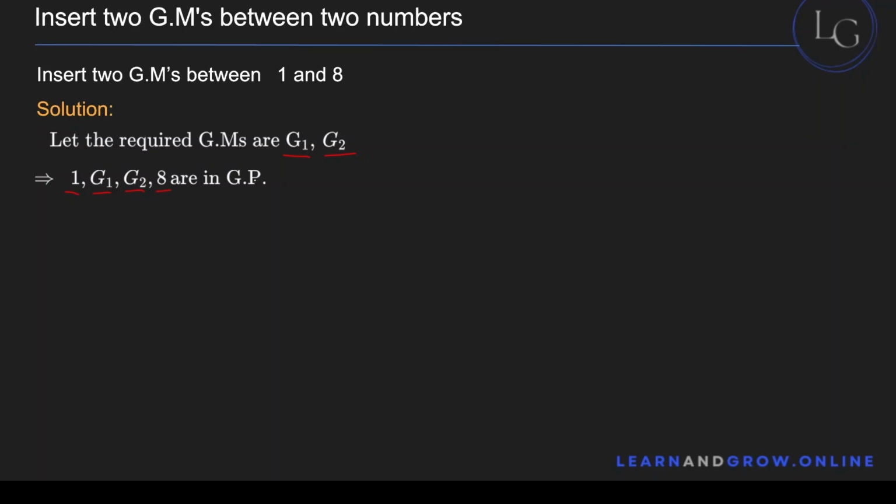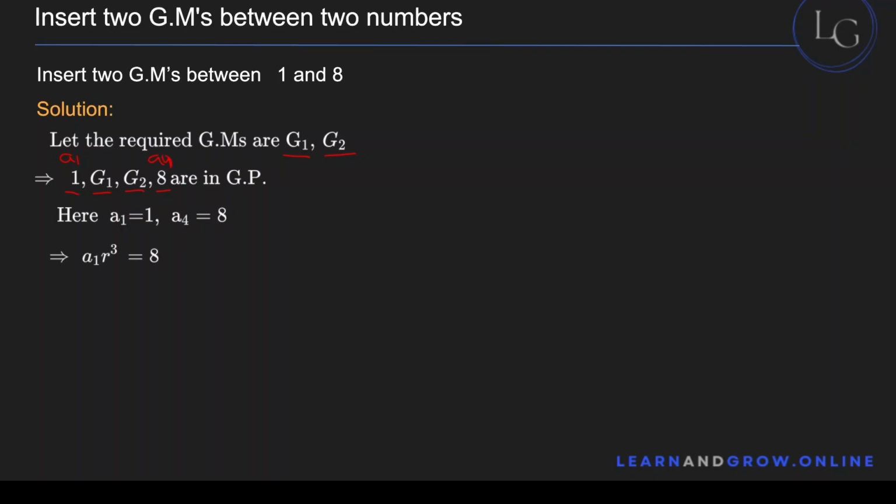These are all in a geometric progression because the means are also in a geometric progression. So the first term, A1, is 1, and this is the fourth term. So A4 is 8.